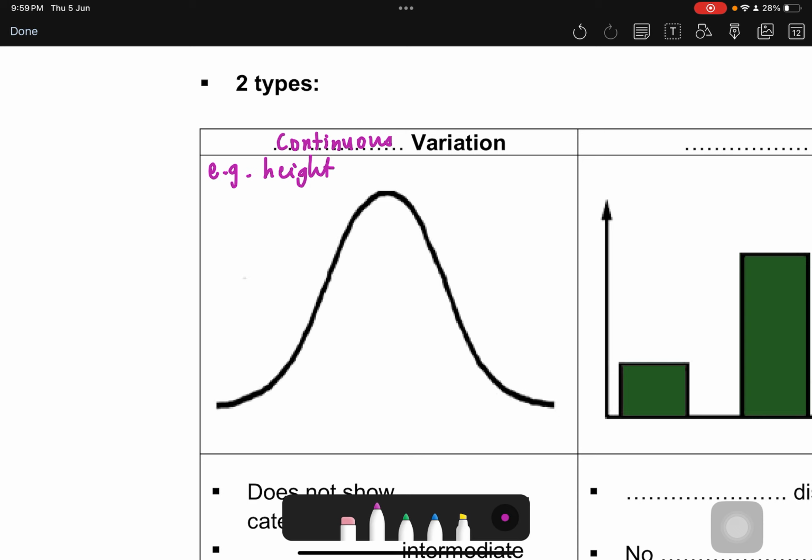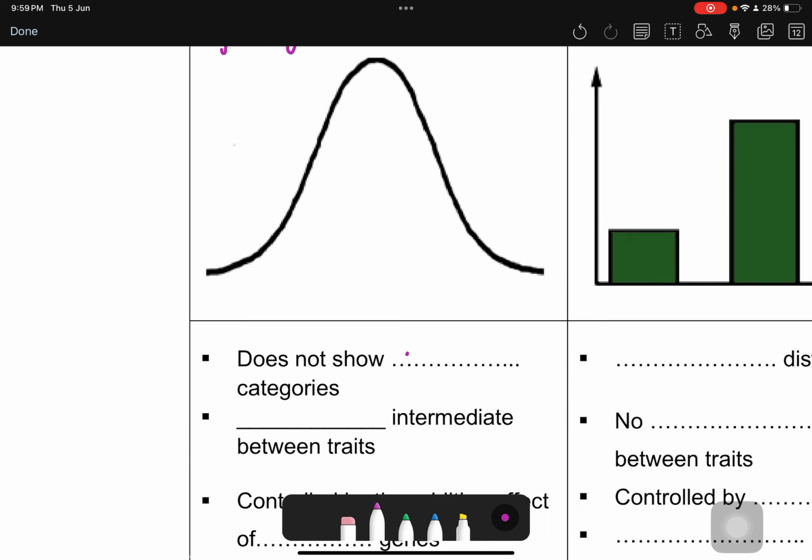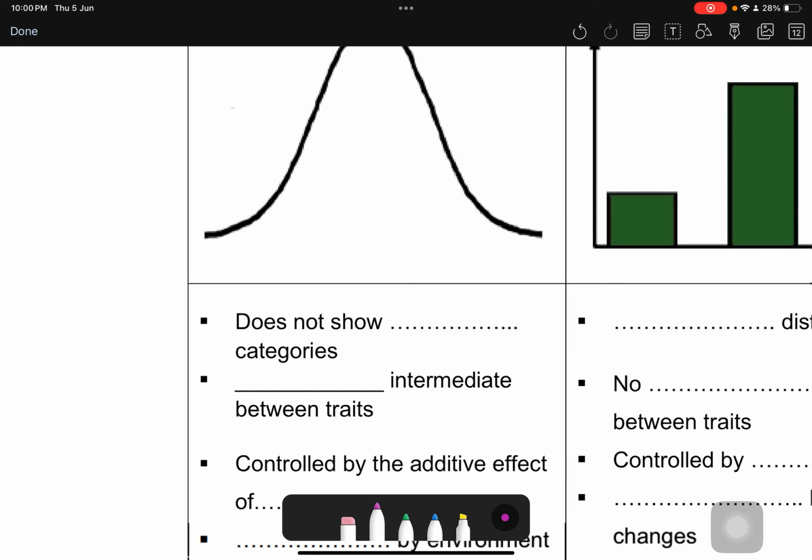So such a trait like height does not show any distinct category. We cannot put them into specific groups of tall, medium, short.